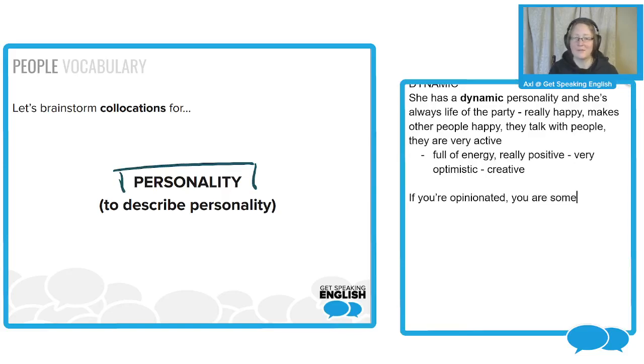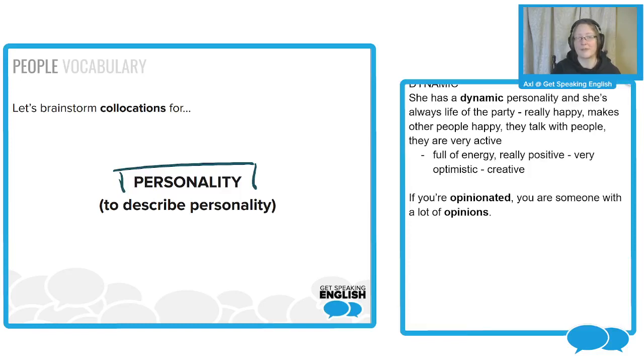Yeah. So if you are opinionated, you are someone with a lot of opinions. Okay? So an opinion, for example, you always have a lot of things to say about something. You know how some people don't really have opinions and they're like, well, we don't really care about anything one way or another.